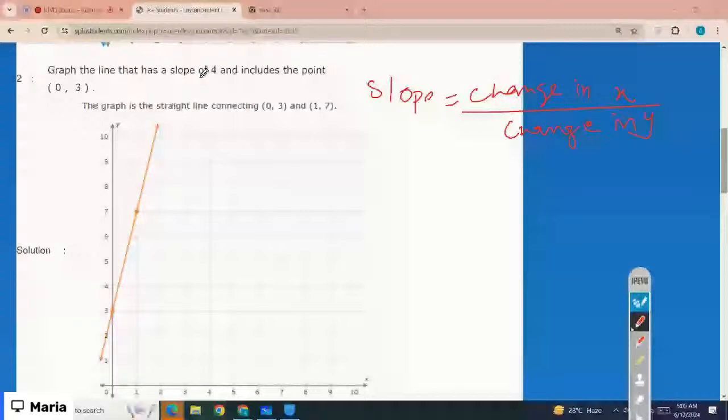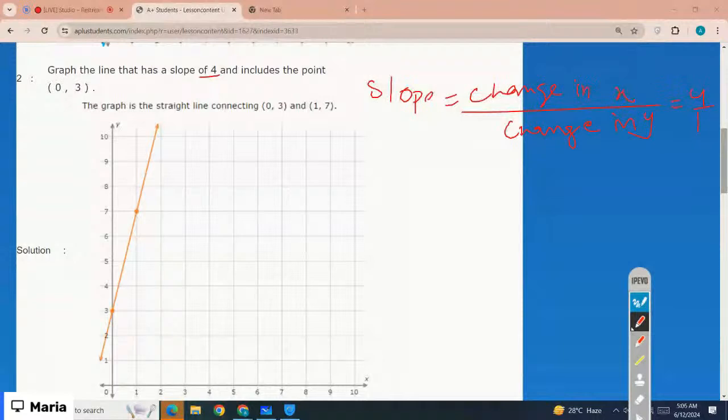So the slope is 4. That means 4 over 1, right? Change in y divided by change in x. That is y and that is x. So that means the y value is changing at 4 and the x value is changing at 1.